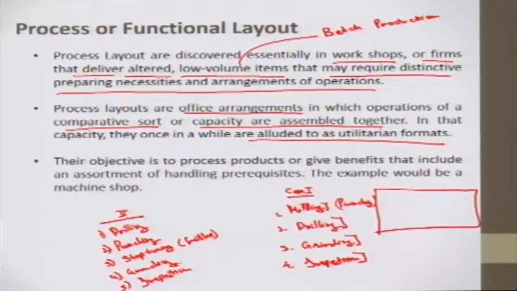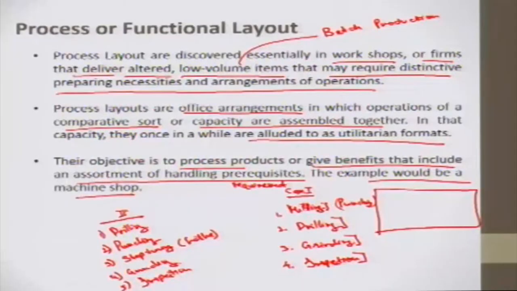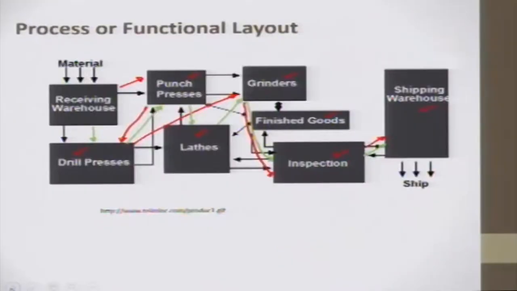Here the objective is to process products or provide services that involve a variety of processing requirements. An example would be a machine shop, as we have seen here.